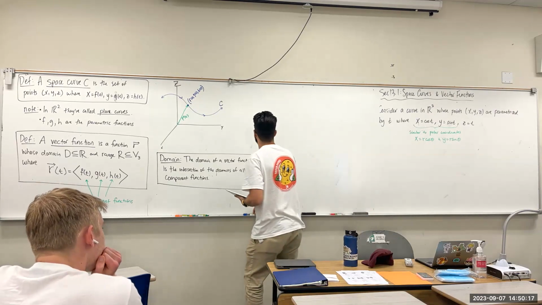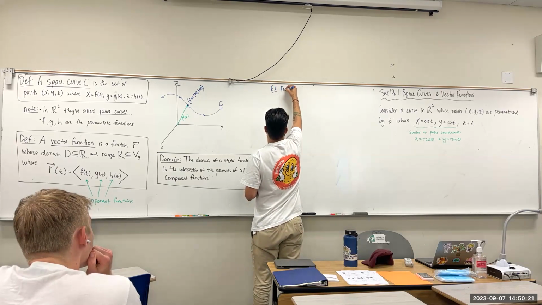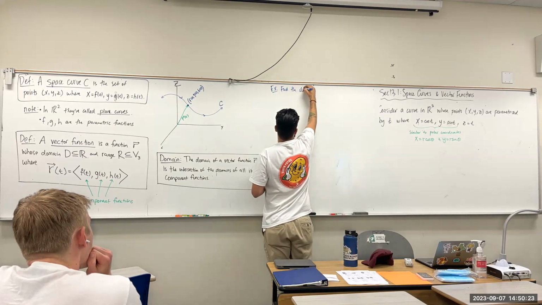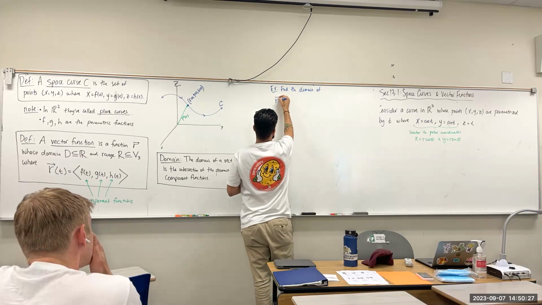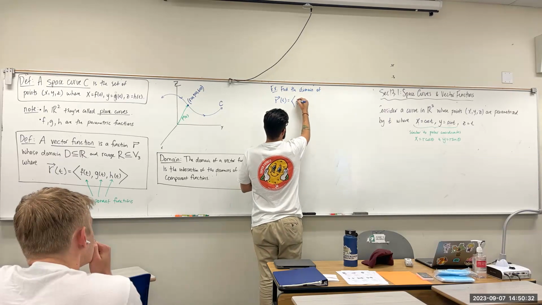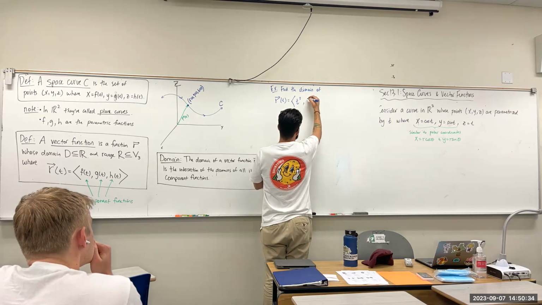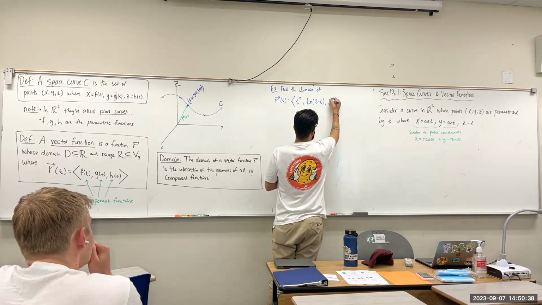So you'll have a homework problem, for example, that looks something like this. It'll say find the domain of your vector function r, where let's say the component functions are t cubed, ln of 3 minus t, and the square root of t.